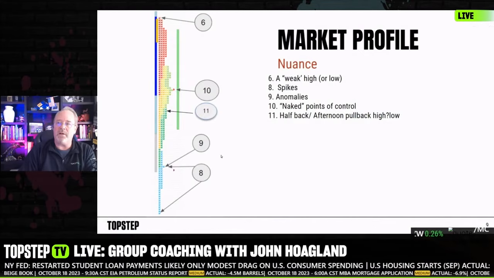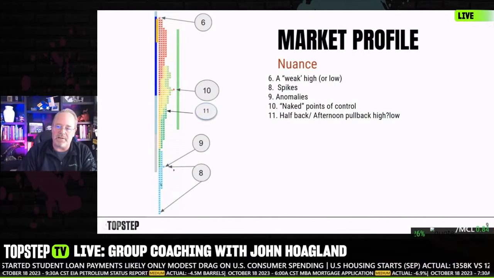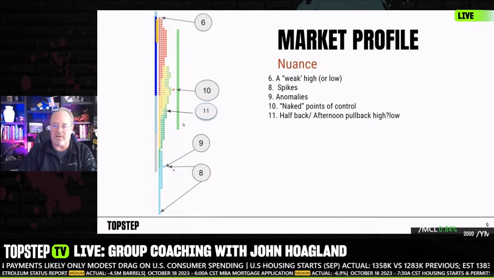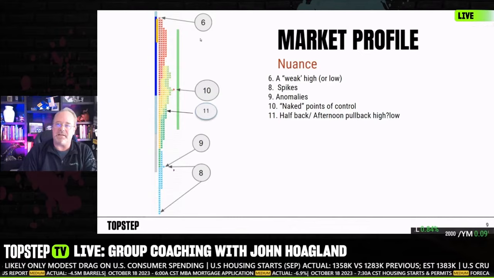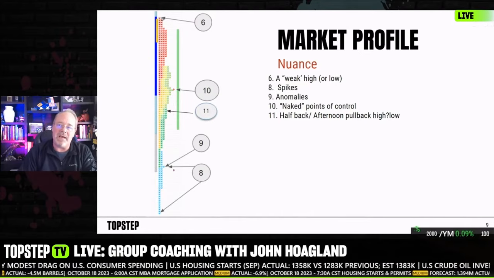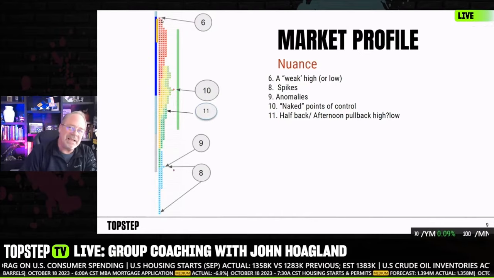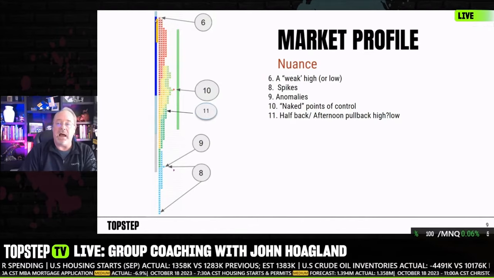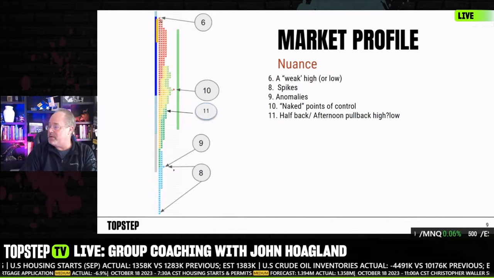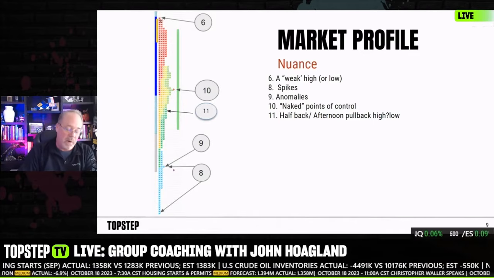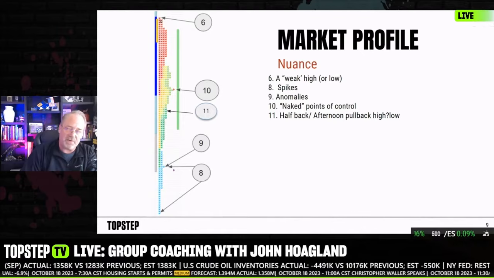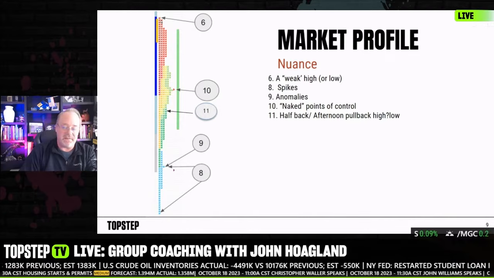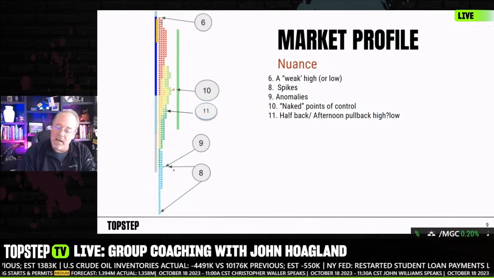So when we look at this profile, and I know we're not seeing the actual letters, there are some features that we want to take a look at here. This is a weak high. There is no excess on that high. If you were watching TopstepTV today, I gave Michael a caveat, and because we had put in a weak low earlier in the session, at the low of the session, I said, look out, Michael, because this is likely to be revisited at some point today.